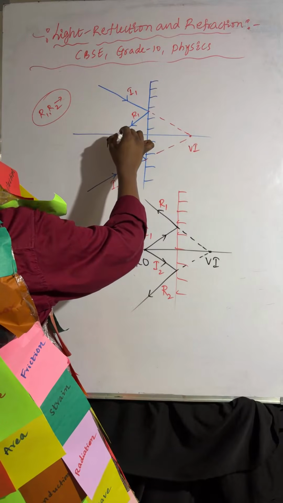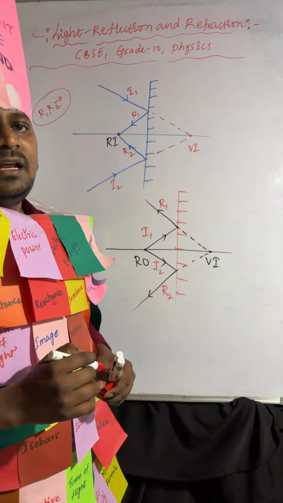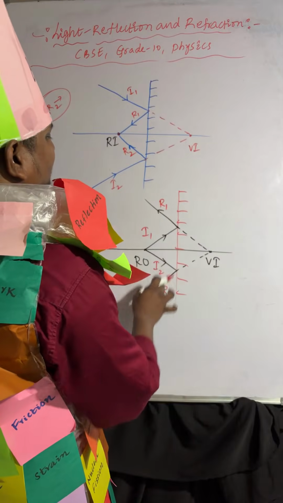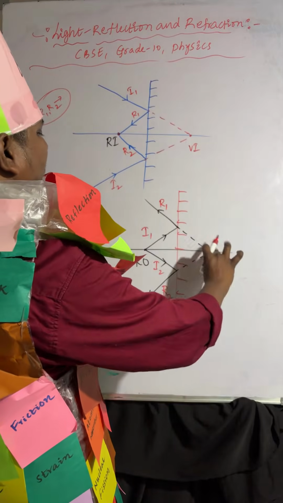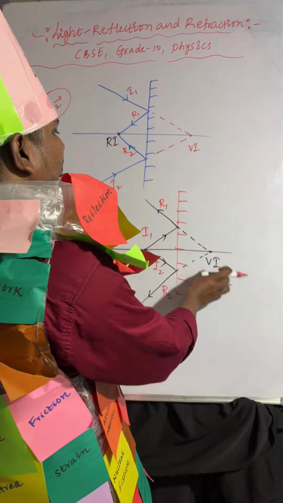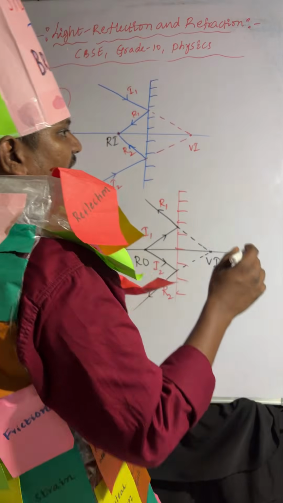Those are meeting at one point. That's why it is called a real image. And here we are extending the reflected light rays. Extended reflected light rays are meeting at one point. Their image is forming, that is a virtual image. I hope it is very clear, right?